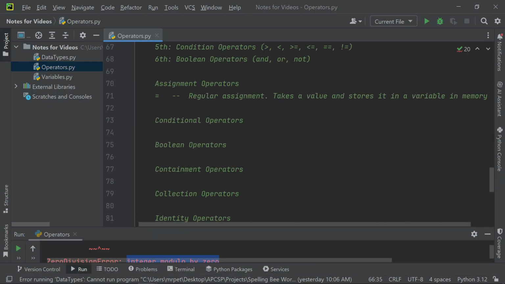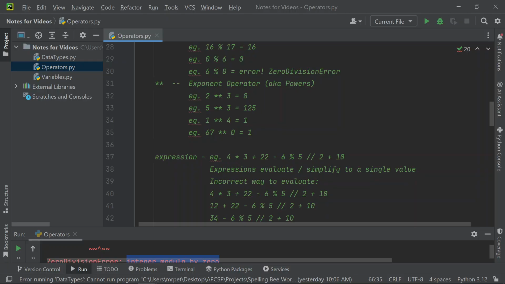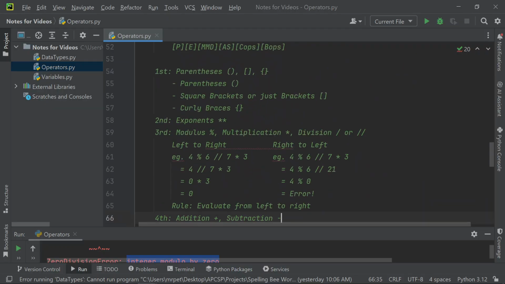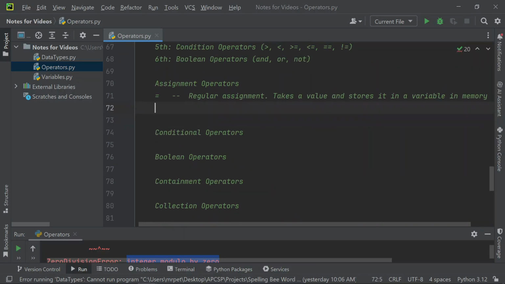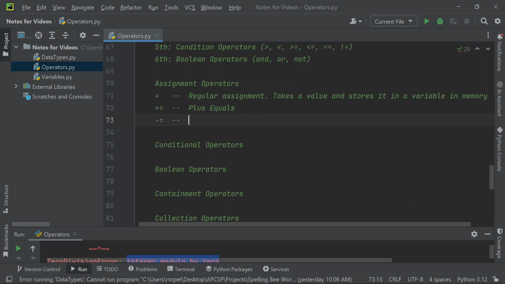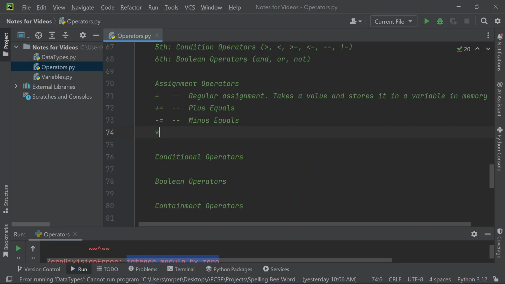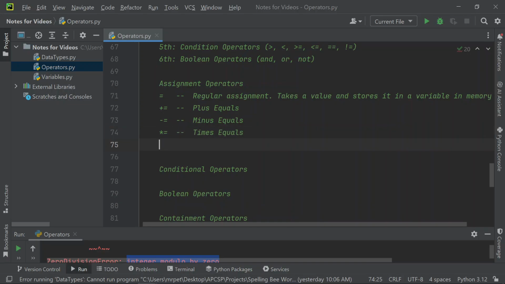Okay, we're going to move on to our assignment operators now. All of that we needed to talk about because for our assignment operators, we're going to use the arithmetic operators. So what do we have? We have plus equals is what we call it. We have minus equals, times equals, and so on.